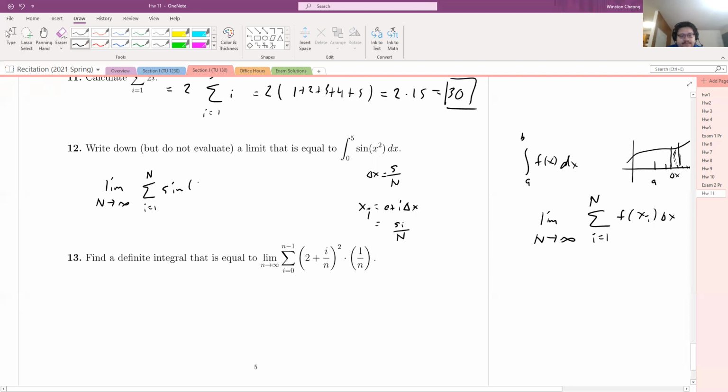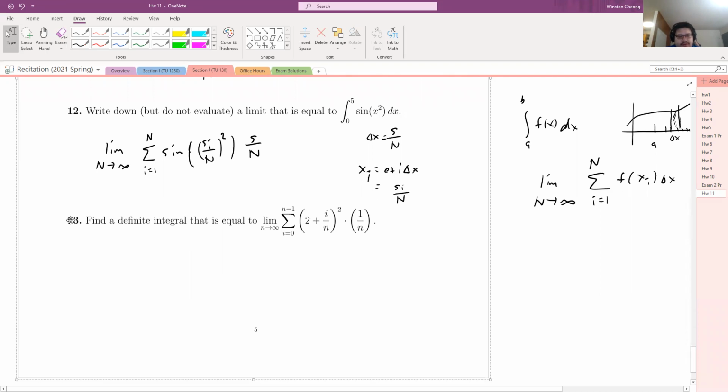All right. So we're plugging xi into the function, 5i over n, and we're squaring it, since the function is sine of x squared. Then delta x is 5 over n. And so there we go. We've converted this integral into a limit.